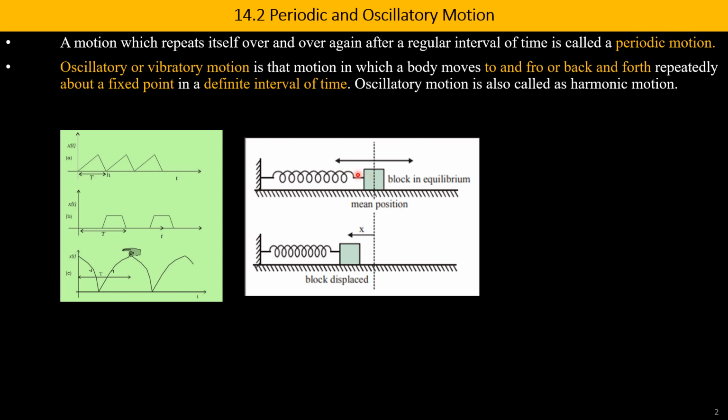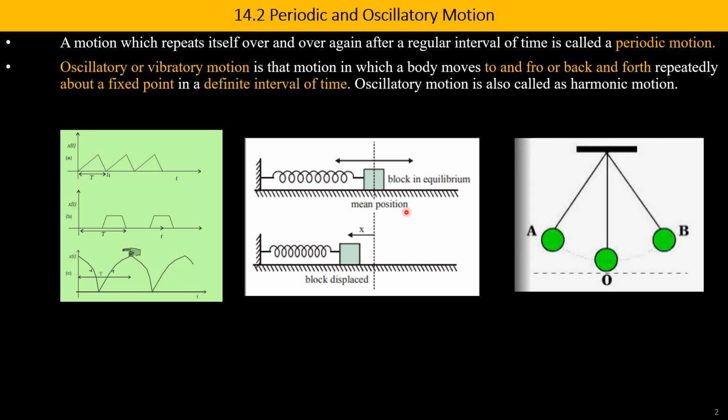Whenever we apply a force, we can either pull the block to the right hand side or push the block to the left hand side. That means the block is displaced. But in all these cases, the block goes to and fro repeatedly over a definite interval of time. Such motions are called harmonic motions.